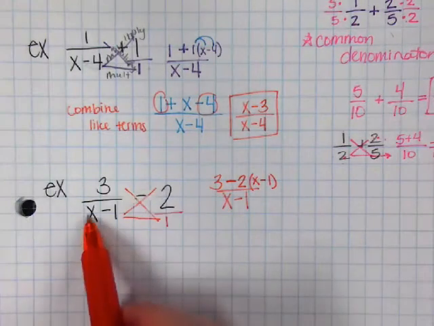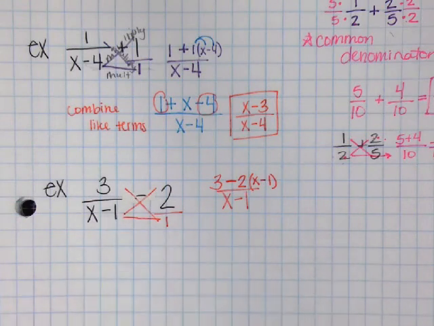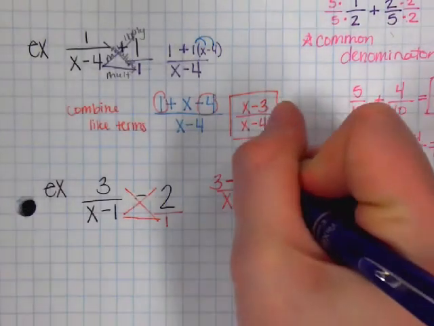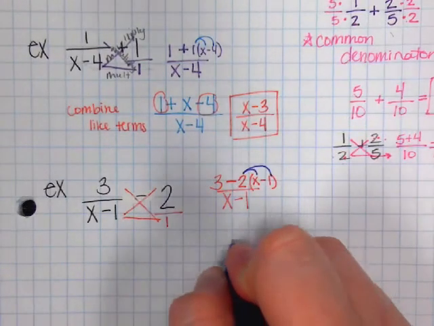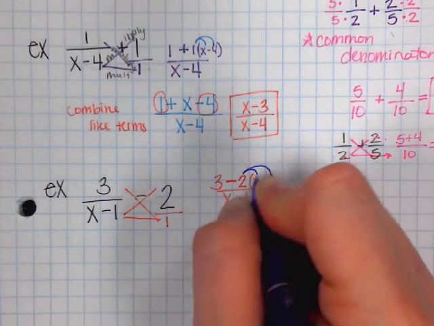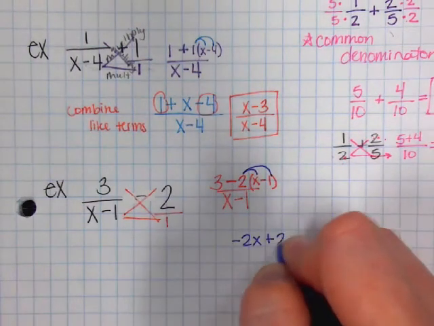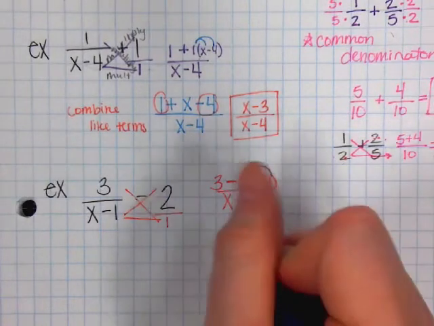Remember, we put those parentheses to show I have to multiply this 2 times both parts. Then I'm going to distribute. Negative 2 times x is negative 2x. Negative 2 times negative 1 is positive 2, because a negative times a negative is positive.